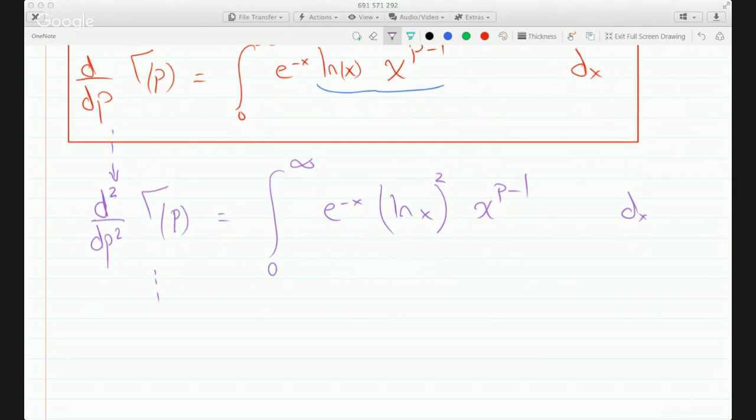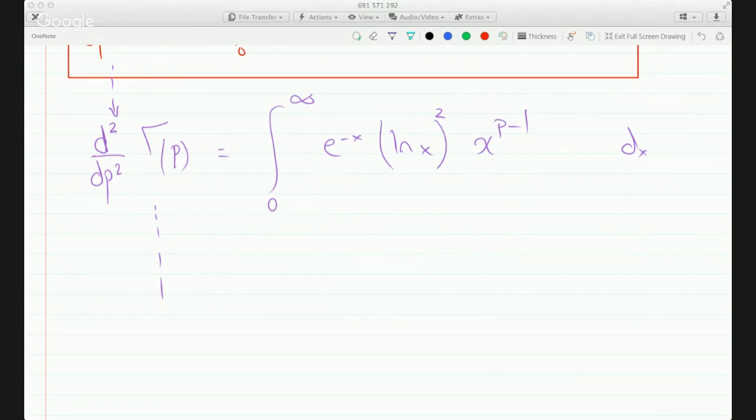And if I keep repeating this n times, notice the only thing that's changing is that when this is the second derivative, you're getting a square. When it's the third derivative, you get another factor of ln x. Fourth derivative, fourth factor, and so on.